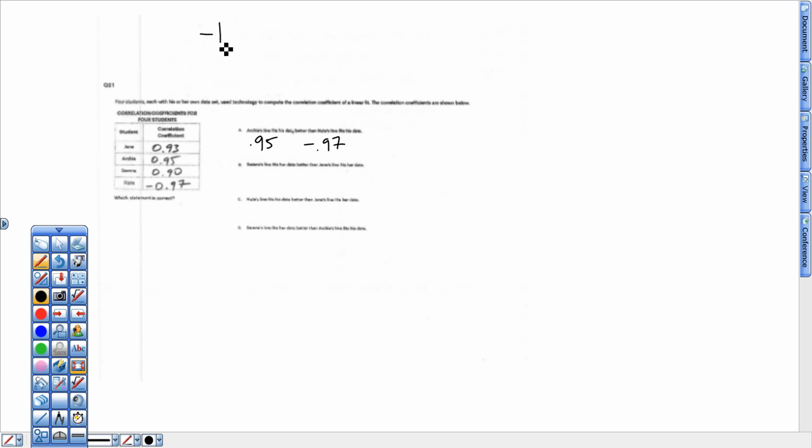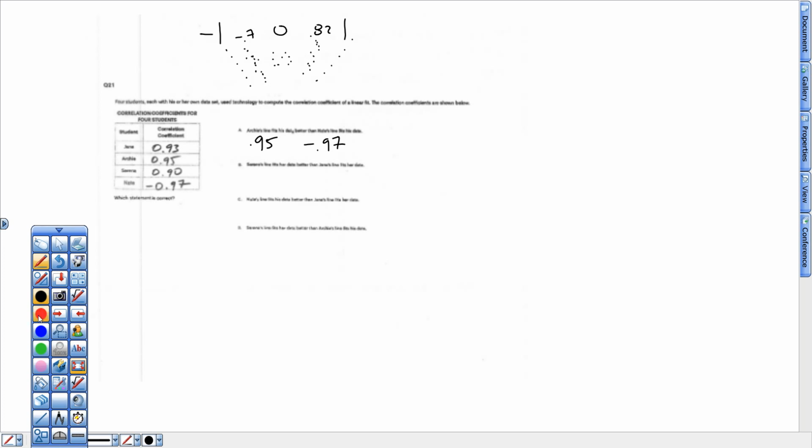The closer it is to 1, the tighter the data is, the better correlation coefficient. Remember, +1, perfect line, positive slope. And then as we get in the middle, the points get a little bit more scattered. As I'm going down the scale, the points get a little bit more scattered around. I'm hoping that's how you see how these correlation coefficient problems work.